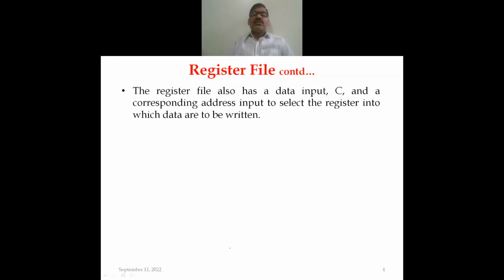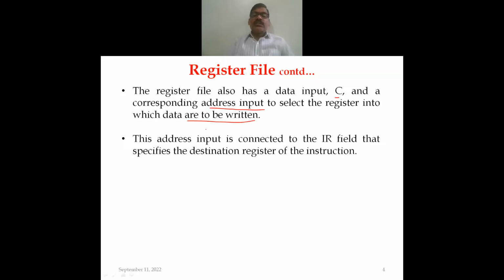The register file also has a data input, called C, and a corresponding address input to select the register into which data is to be written. This address input is connected to the field in the instruction register that specifies the destination register of the instruction.